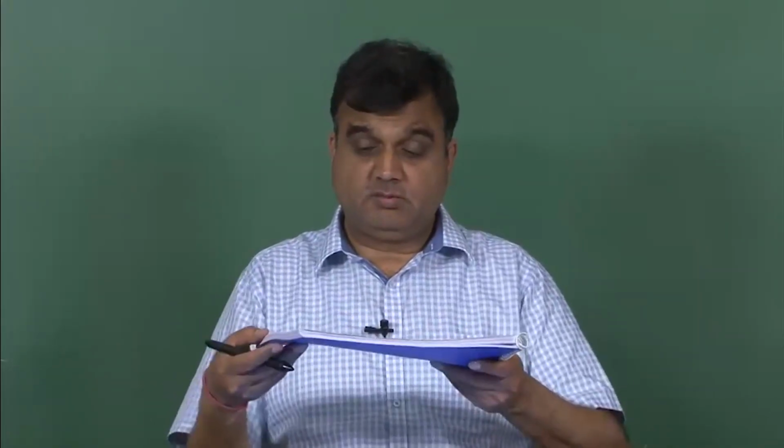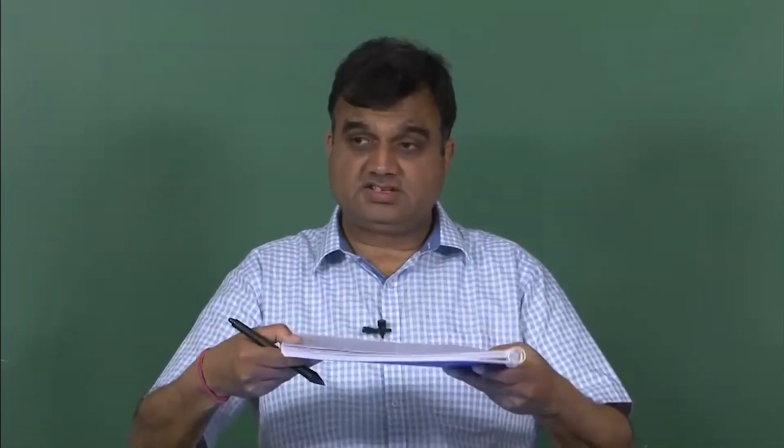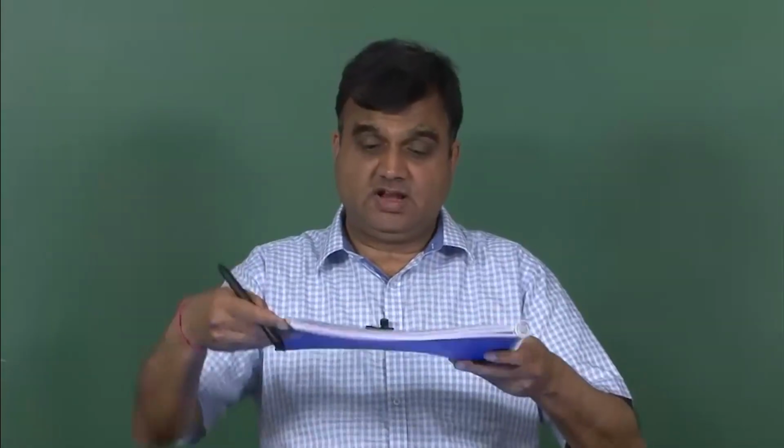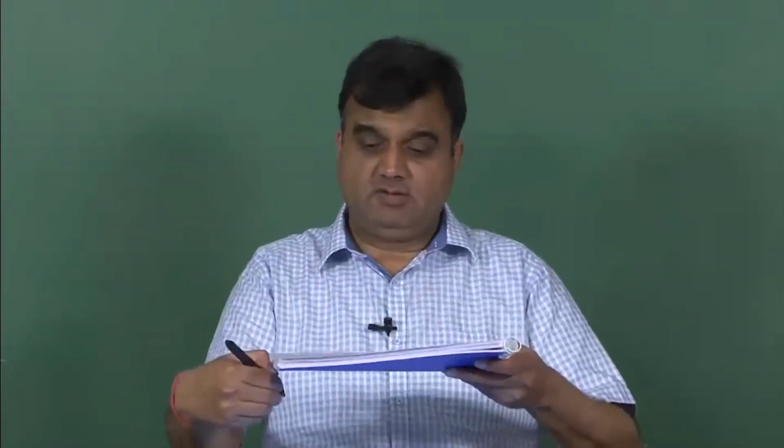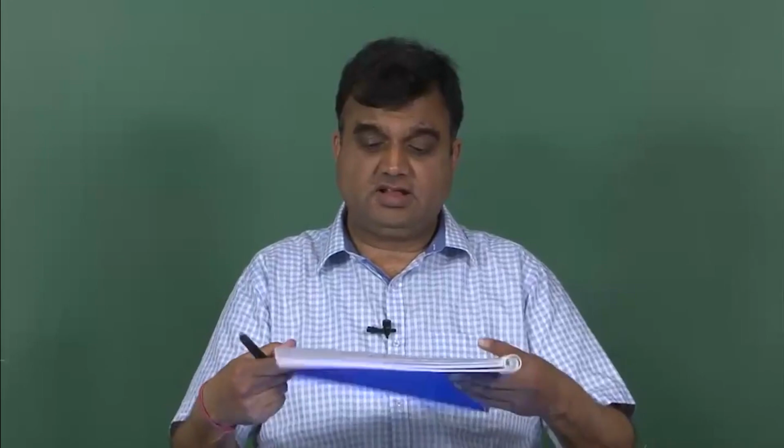Okay. Now, the plate can also bend like this in the y direction, because when I am putting load, it will bend like this, and it will also bend like this.